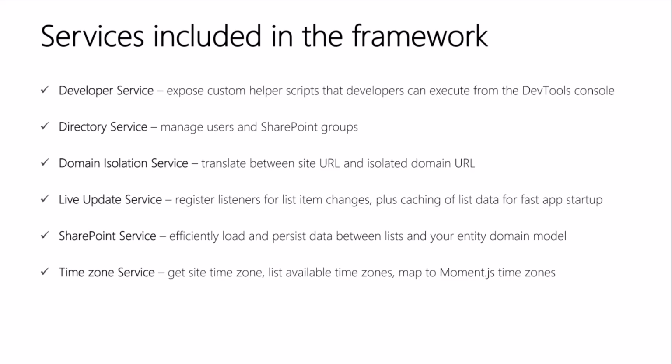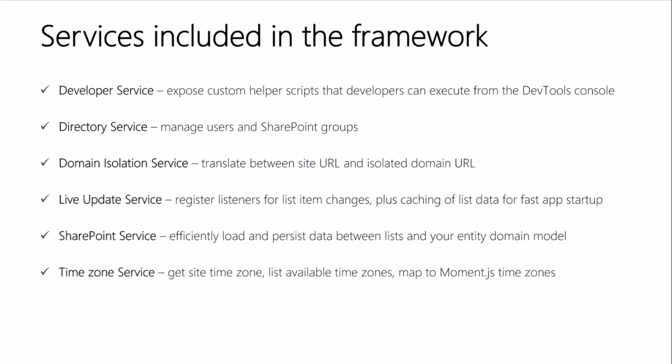It can also retrieve the list item for the current page, which is useful if you want to dynamically configure the permissions for the page where your app is running. It can also help you with constructing the site's composite ID, which is needed for certain graph calls. So all of these things are easy to do from a normal web part, but there are challenges once you enable domain isolation.